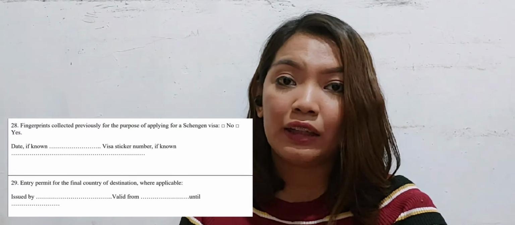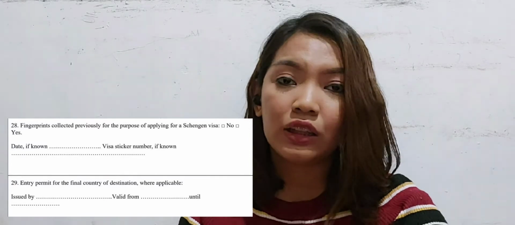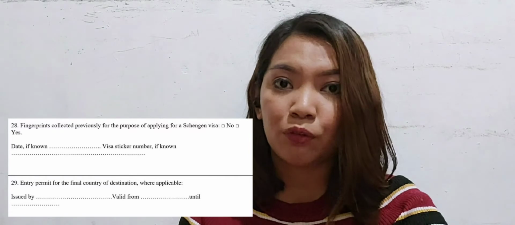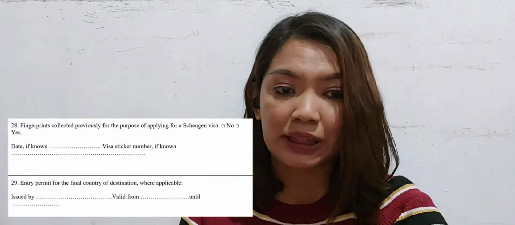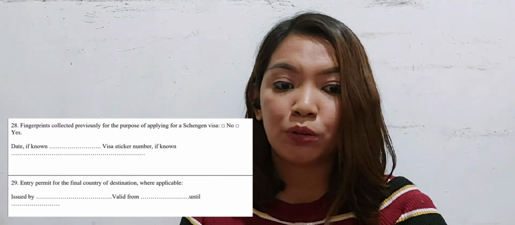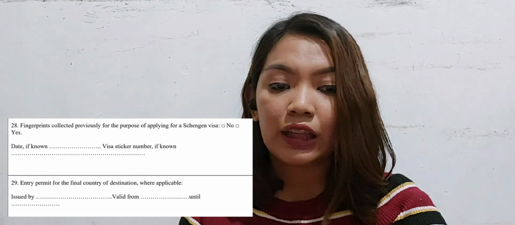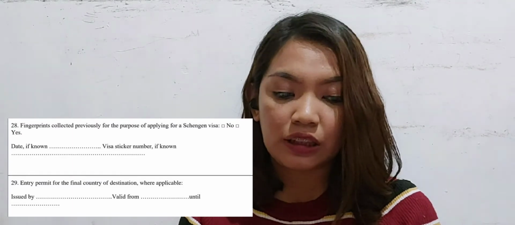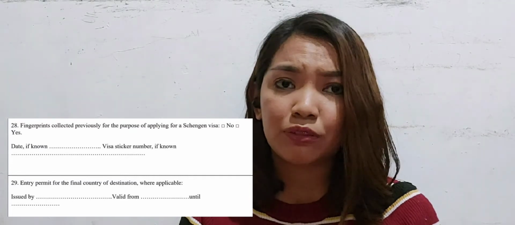But if you applied before, then just put in yes and write in the date that you applied for the Schengen visa. And then for number 29, it's asking for the entry permit for the final country of destination, where applicable. So for this one, you don't need to fill this up. You can just write NA or leave it blank.